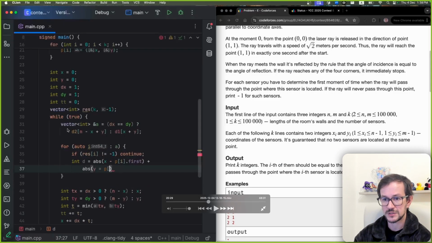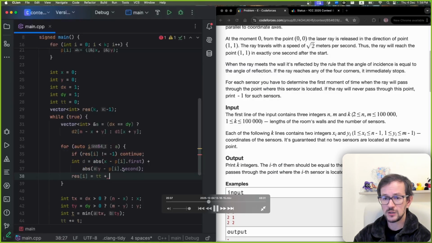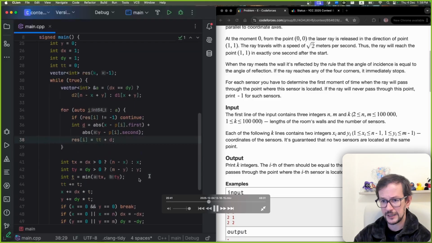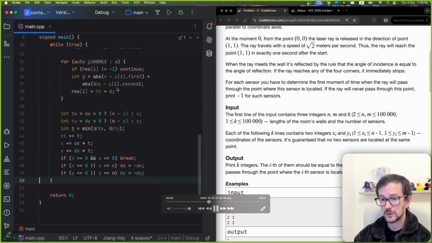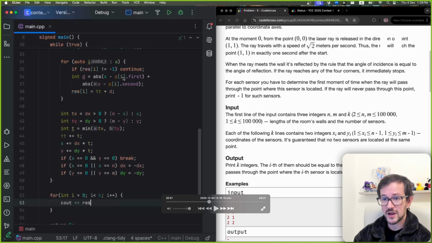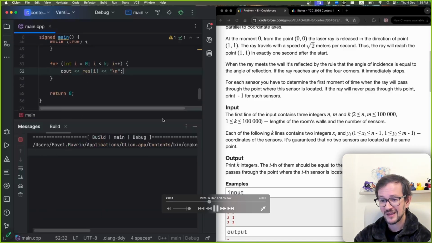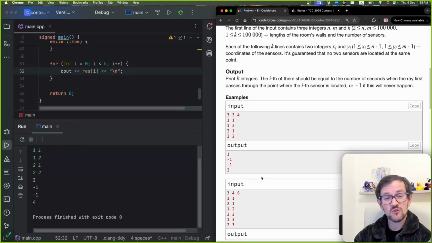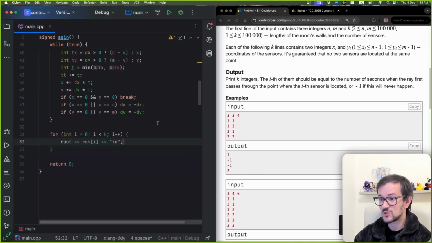So my current point is xy, and the sensor's point. So I calculate the Manhattan distance. Need to divide it by 2. I will divide it by 2 later because I forgot. Okay, or actually these two parameters are the same. I can just erase one of them. It would make the code easier, actually. So I have the sum of 2 equal values, and then I will divide it by 2 later. Okay, it's correct. It's just a very strange way to do it.